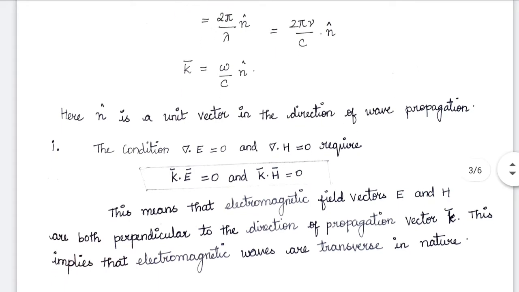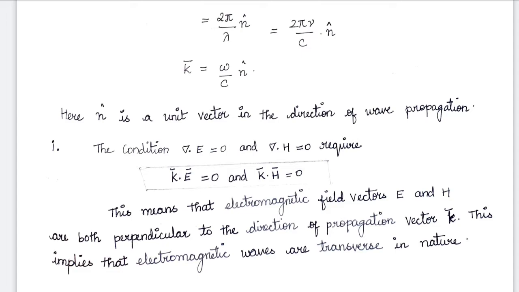So which reveals that the electromagnetic field vectors E and H are both perpendicular to the direction of propagation vector k. So E is in one direction and H is in another direction, exactly perpendicular to each other.